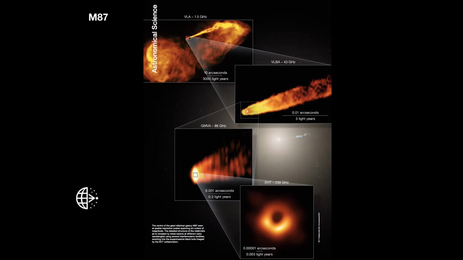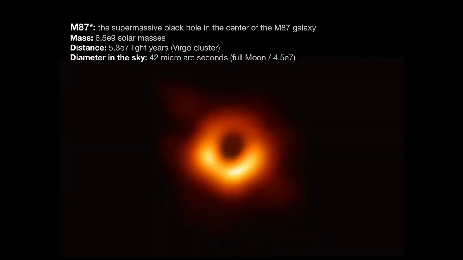If in the first image the scale you are seeing is thousands of light years, then in the last image, this donut of M87 published by the Event Horizon Telescope, we are talking about a resolution of light days. So this donut is not on a scale of 1,000 light years, it's on a scale of just a few light days. This is the observation that the EHT published last year.